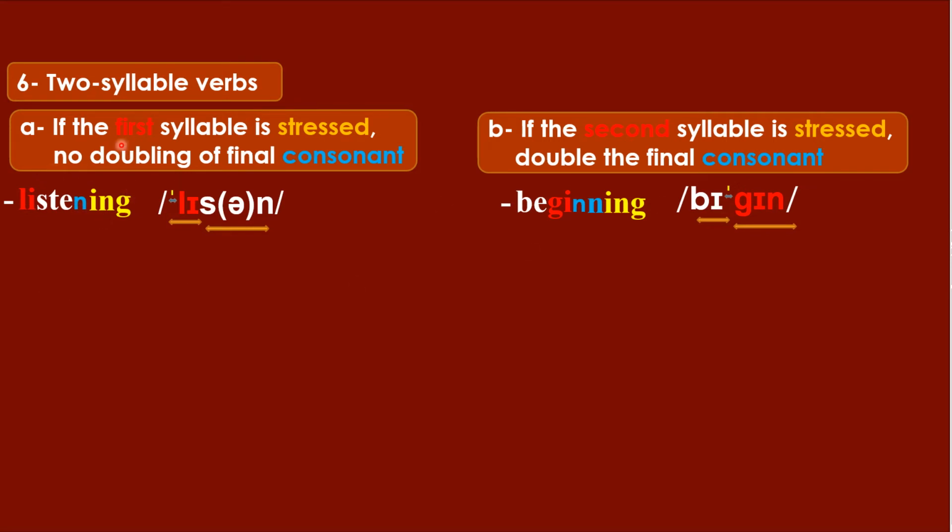Okay, so let's have a look at more examples of this type and this type. We'll start with this type, where the first syllable is stressed. For example, we have offer. I add ing. I don't double the r.